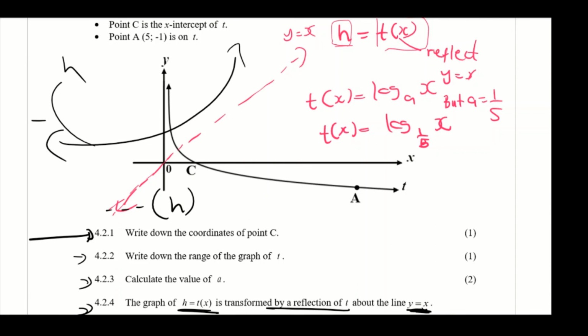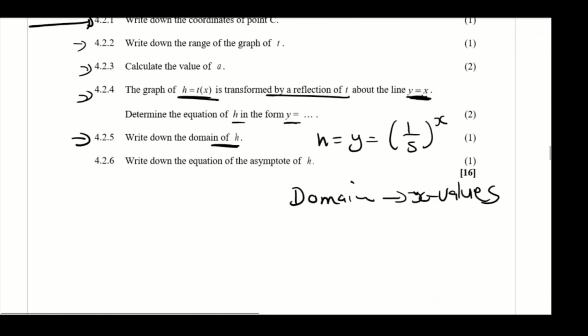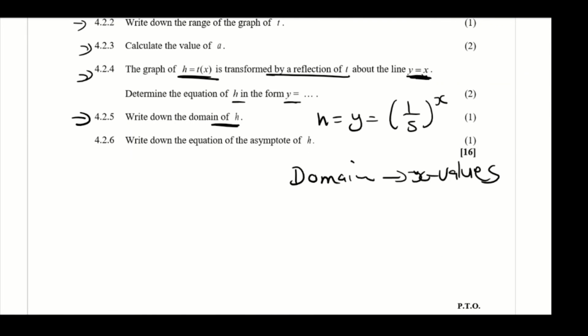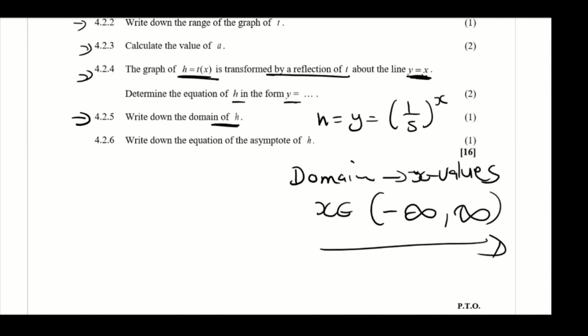So the x values come from that direction, negative infinity, and they go to positive infinity. So to confirm the domain of h, we are simply going to say x is an element from negative infinity to positive infinity. So that's the domain of the function.